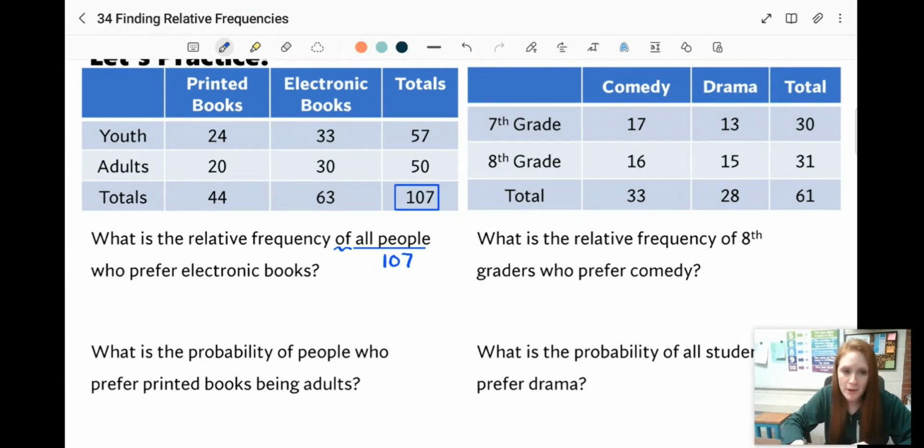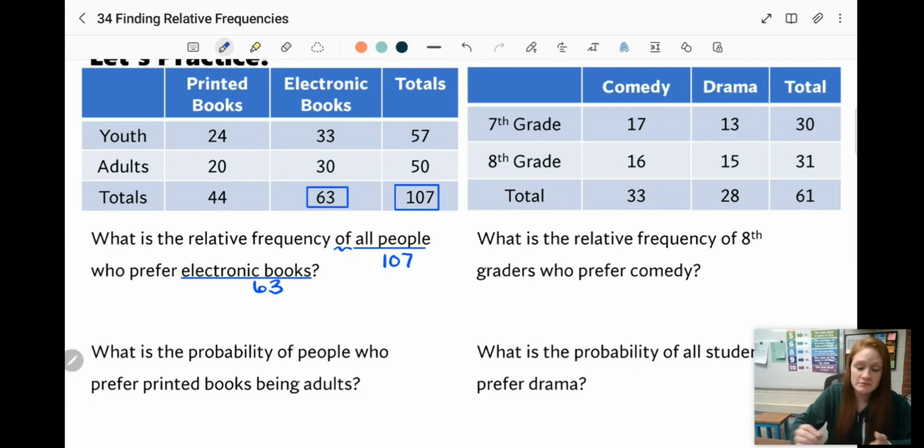We're not going to jump up into the adult row. We're going to stay in that total row. Okay. Then it's asking about who prefer electronic books. So I look for electronic and I find that 63 people prefer electronic books.